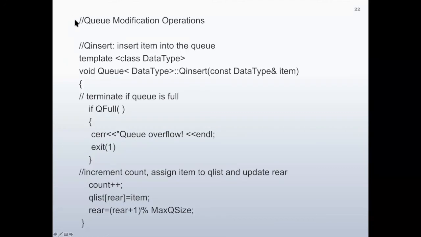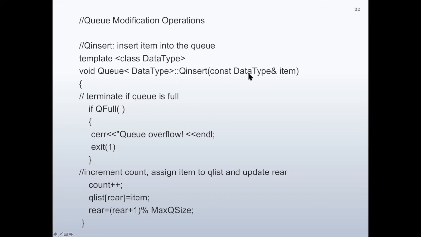Now we consider the queue modification operations. Queue insert is to insert an item into the queue. Again, it is implemented as a template method. This is a method for the class queue of data type.